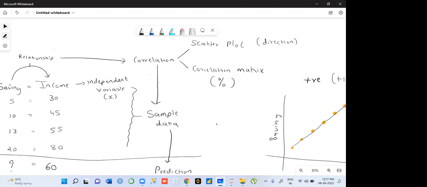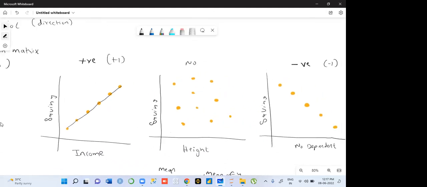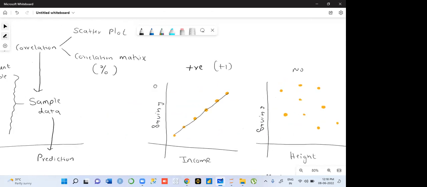Positive relation means any change in x will change y in an upward direction, like income and saving. Negative relation means the more family members, the less the saving. That is called your negative relation. So scatter plot only gives you the direction.